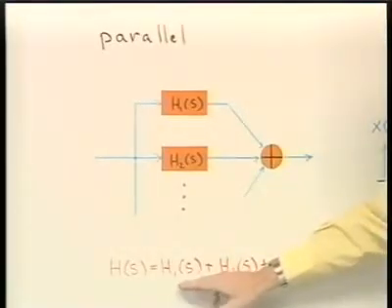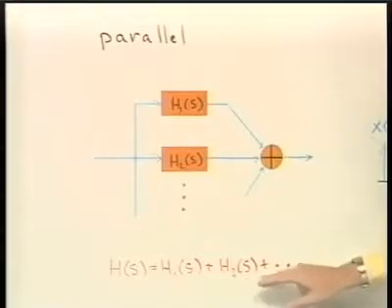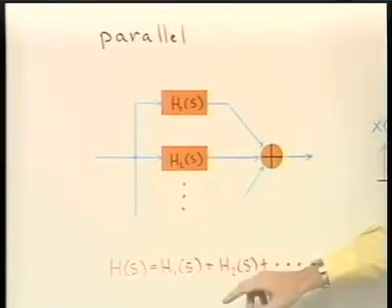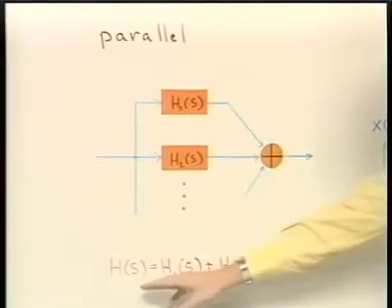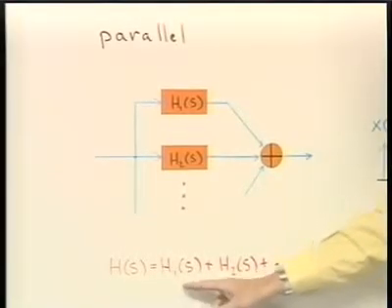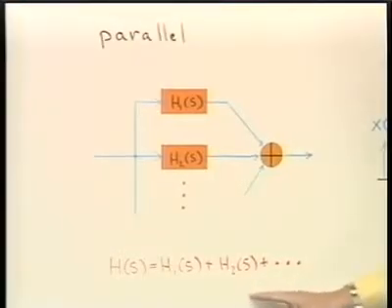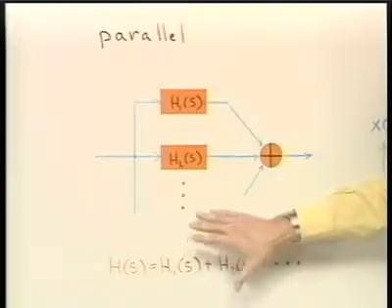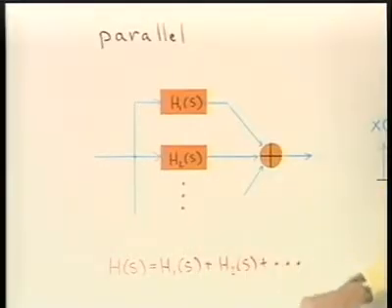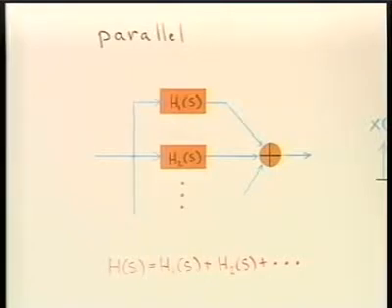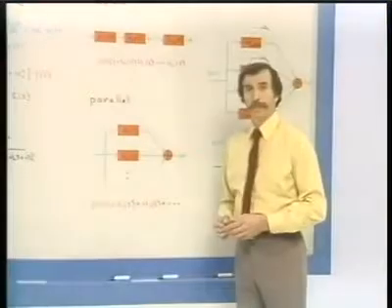And notice that if each of these are second order systems, and I had capital N of them in parallel, when you think of putting the overall system function over one common denominator, that common denominator in general is going to be of order 2n. So either the parallel connection or the cascade connection can be used to implement higher order systems.